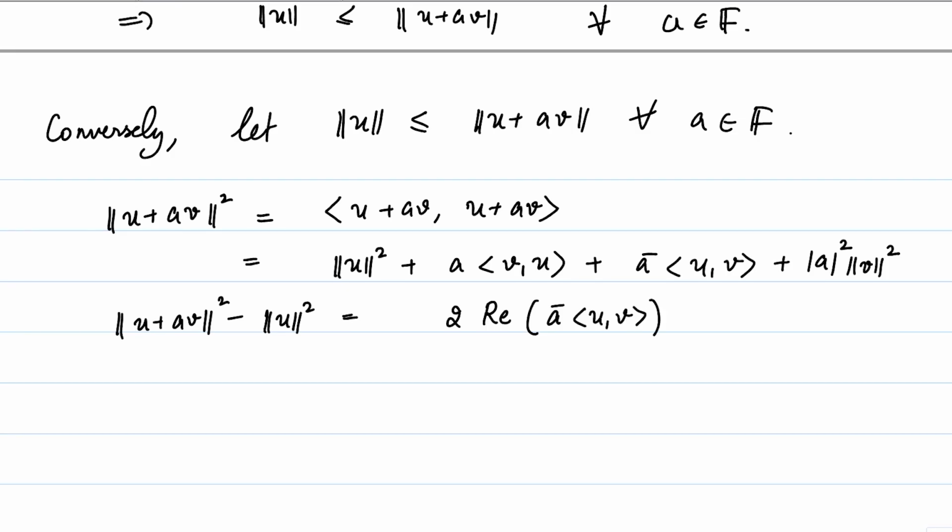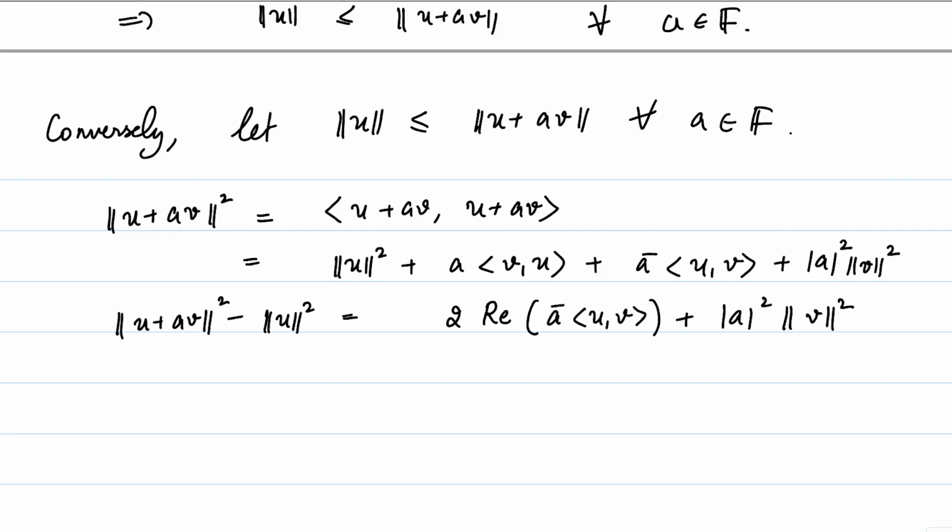Because a times the inner product of v, u when added to its conjugate will give you 2 times the real part of one of the two. A times the inner product of v, u has the same real part as the complex number a bar times (u, v). I'm writing everything under the assumption that our vector space may be a complex inner product space. So this makes sense, plus mod a squared times the length of v squared.